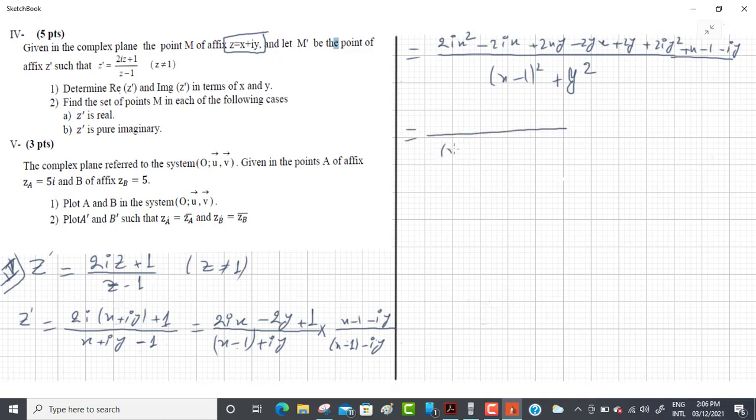The denominator is (x minus 1) square plus y square, both in the real part and in the imaginary part. The denominator is the same. Real part: 2xy minus 2xy vanish, 2y plus x minus 1. Imaginary part, we can say 2x square plus 2y square minus 2x and minus y. This is the imaginary part.